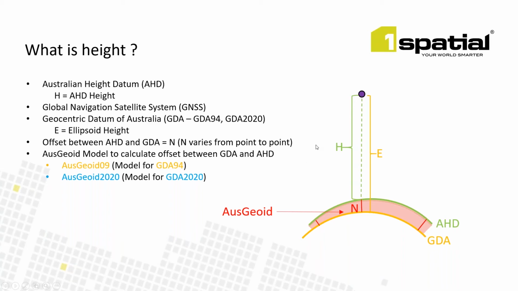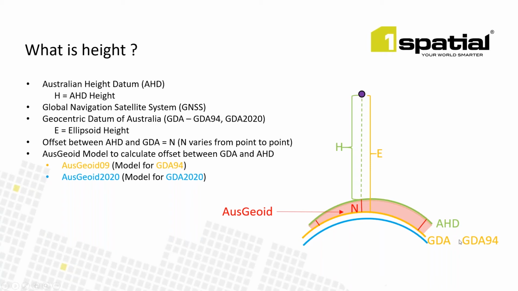Even though it looks simple, as I mentioned previously, with the advancement of technology the ellipsoid is updated to get precise positioning. The most recent update is GDA 2020. Once we change the ellipsoid, it changes the ellipsoidal height at a given location.